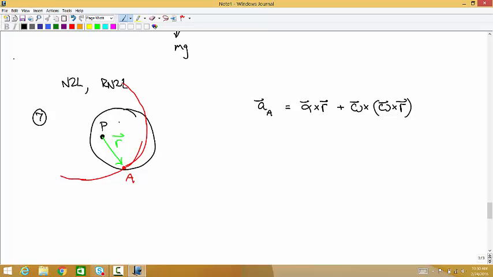If you don't think about this enough, you do it too quick, it's pretty easy to make the mistake of thinking that the r vector we want is from the center of this circle to A. But in this case, what we're calculating is the circular motion of A about that point P. Any other questions? Okay.